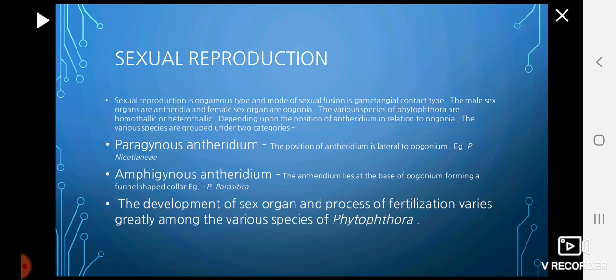Now, depending on the position of the antheridium in relation to the oogonium, the various species are grouped into two categories: perigynous antheridium and amphigynous antheridium. In perigynous antheridium, the position of the antheridium is lateral to the oogonium.